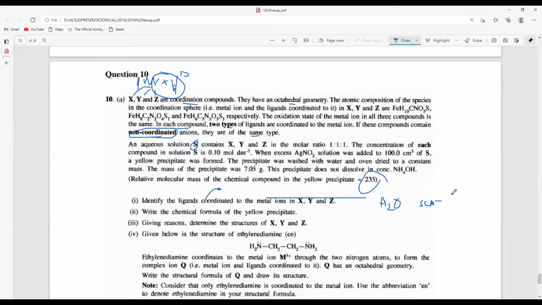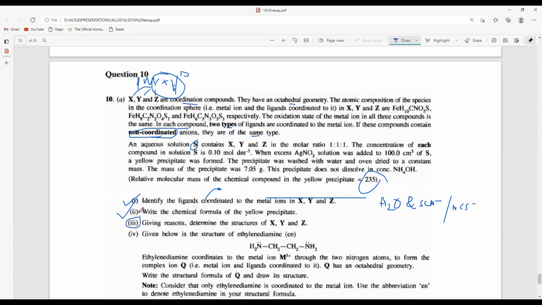Because water and SCN minus or NCS minus. So this is done. Write the chemical formula of the yellow precipitate. So yellow precipitate surely should be silver iodide, AgI. Giving reasons, determine the structure of X, Y, and Z.